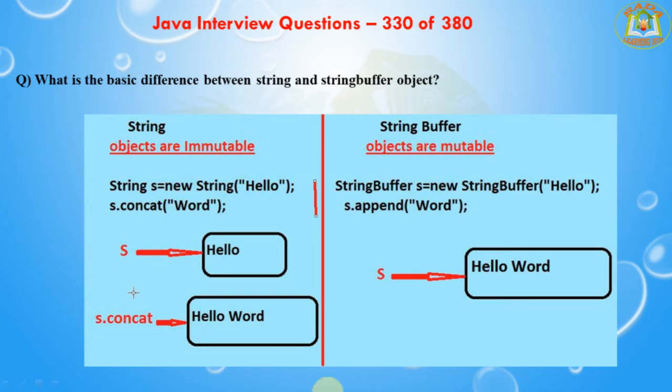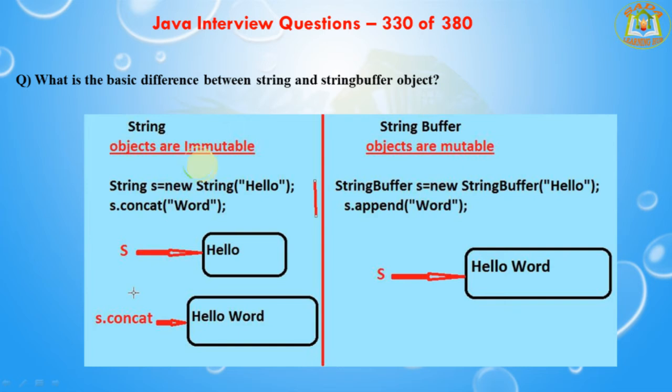If you see here, I'm creating a string object: String s = new String("hello"). First, it creates an object s. After that, I'm concatenating, s.concat("world"). It creates one more reference address and stores "hello world" into it.